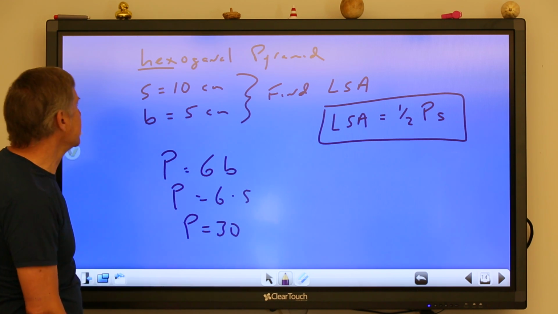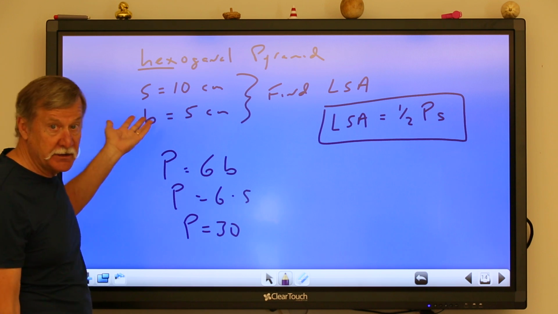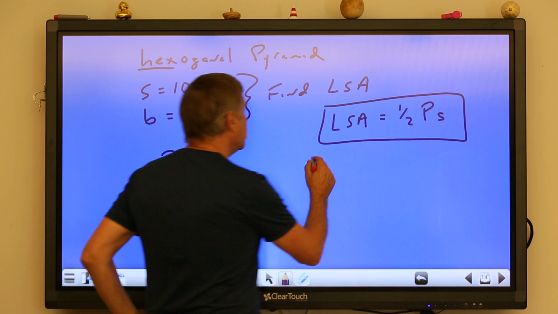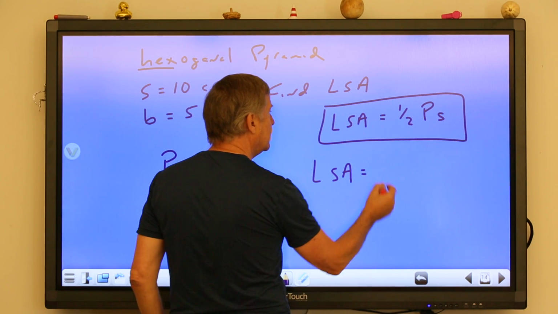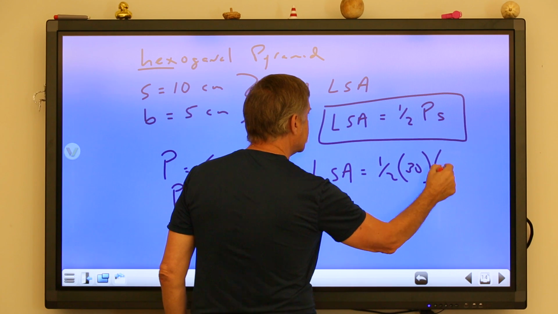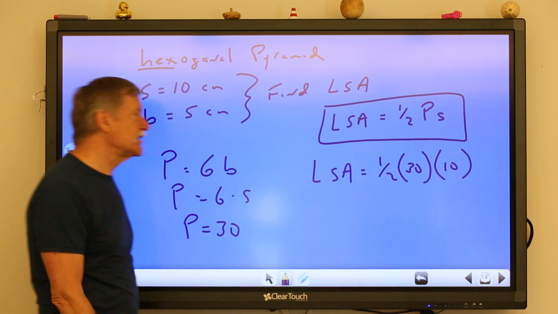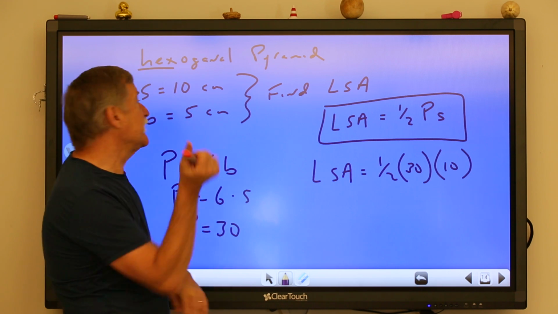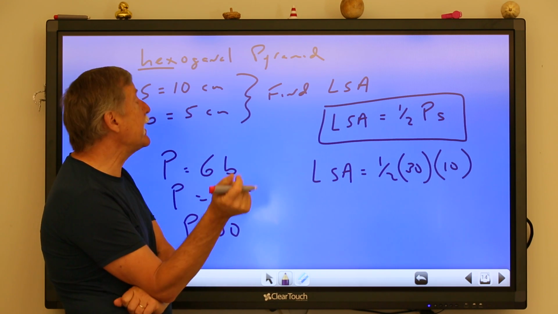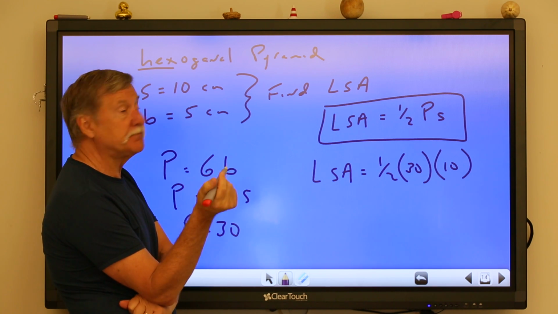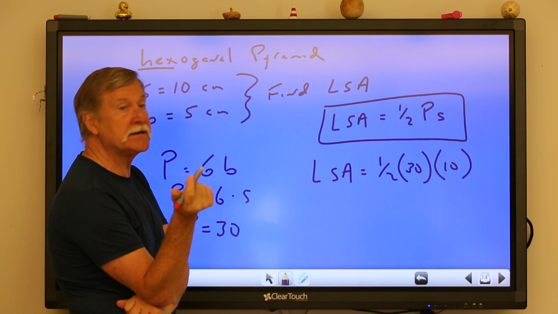So the perimeter is 30. The slant height, we didn't have to use the Pythagorean theorem to find it. They just told us it was 10 centimeters. So now the LSA equals 1/2 of 30 times 10, substituting in for P and S. And I can do 30 times 10 and get 300 and take half of that, or I can do half of 30, 15 times 10, 150, or I can do half of 10 times 30.